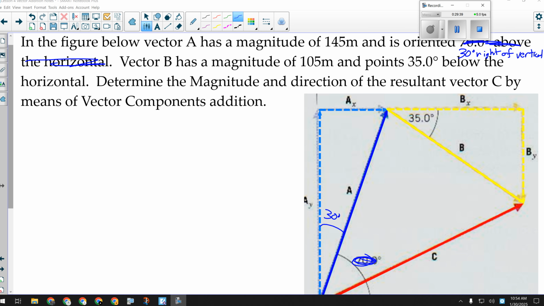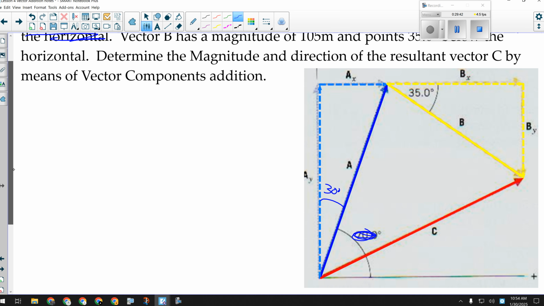So those together make up the resultant, which is C. C is going to be this far to the right and this far above the starting point. That'll be the final position relative to the initial position.